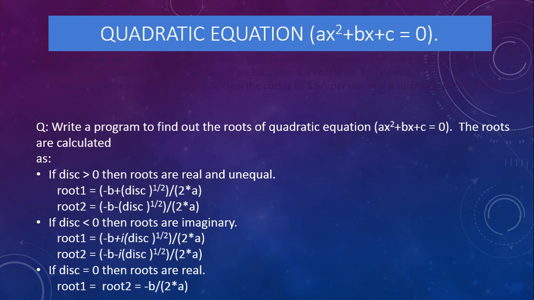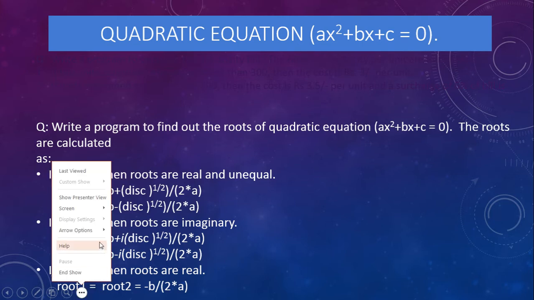First of all, the variable disc represents the expression b² − 4ac. So first the disc variable will be assigned this expression value, and afterwards these three conditions will be checked. Now let's see the program in C++ language.